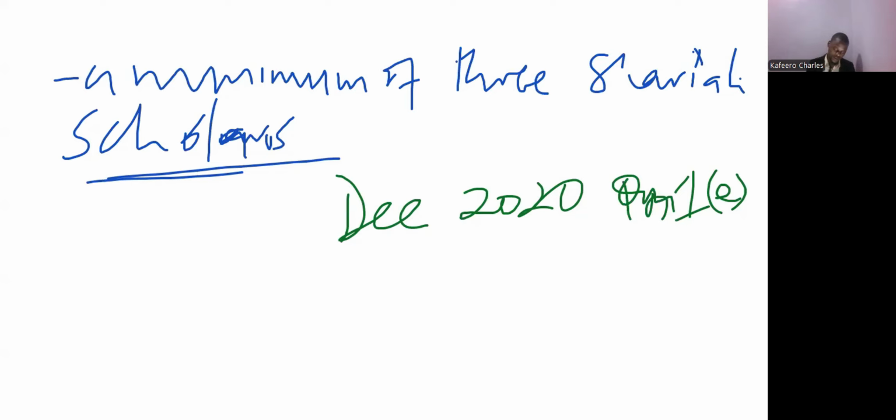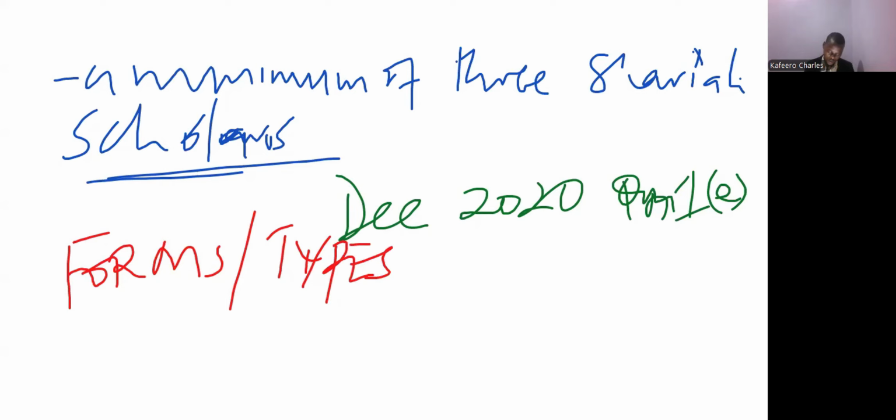Once you get this, the key roles and also the composition, then we can focus on the forms or types of contracts in Islamic finance. In other words, these are the Islamic products. The forms, stroke types of contracts. They may be contracts or products.